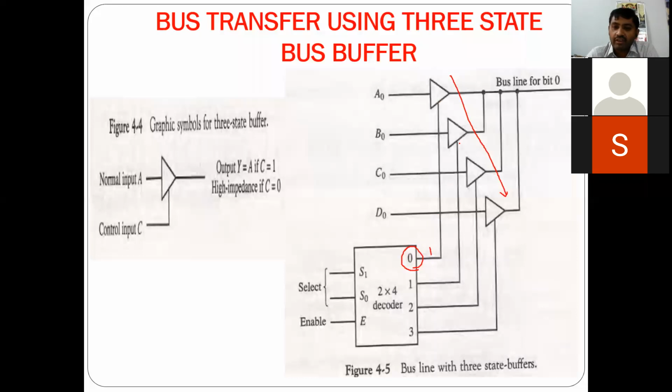So remaining all will be 0. So the input for this tri-state buffer is 1, and this is 0, this is 0, and this is also 0, which means that these three are entering into high impedance state, so we are not considering the output of these, right? Only this particular gate is active, then the output is going to be A0.